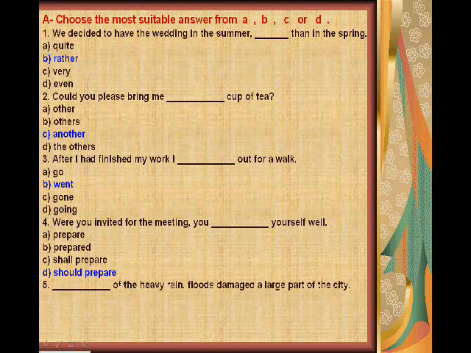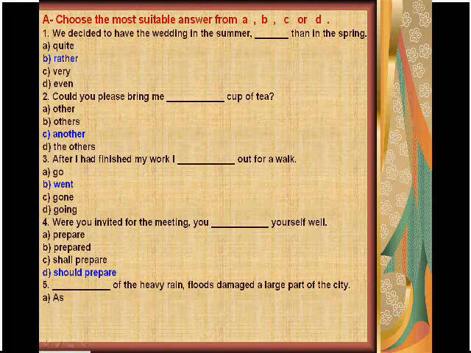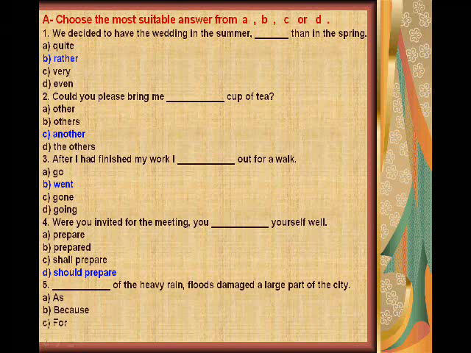Number 5. Because of the heavy rain, floods damaged a large part of the city. A, as, B, because, C, for, and D, since. Again, these are linkers. I'm linking between two sentences, okay? Of the heavy rain, floods damaged a large part of the city.